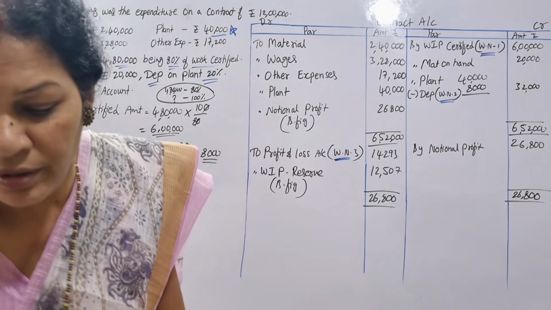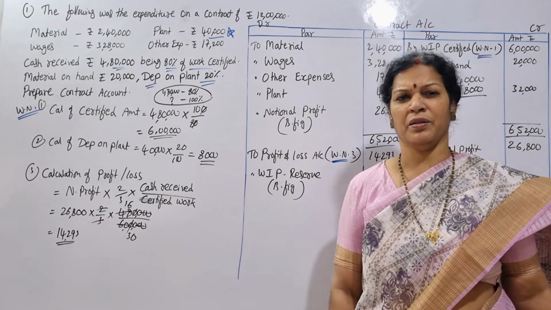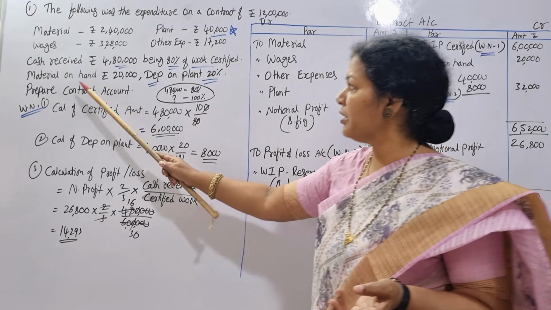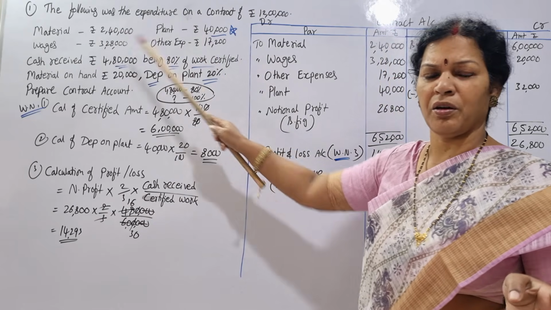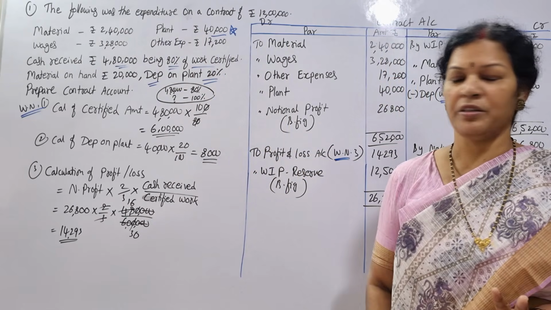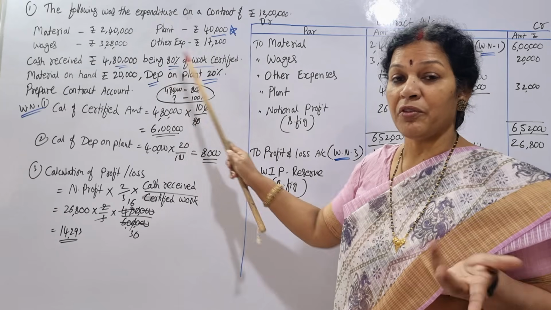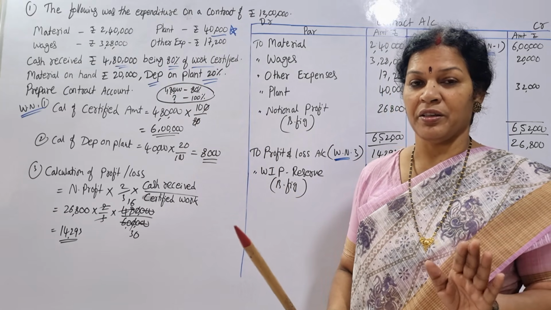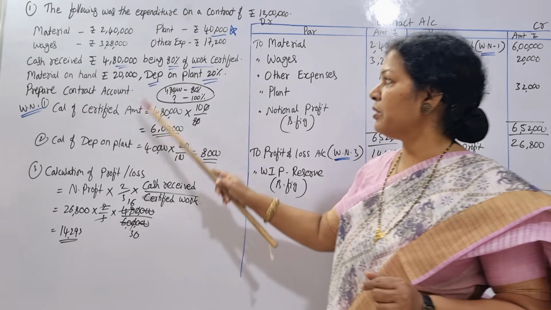Am I clear? First let me explain. The problem is very simple. Certified work we have to calculate. How do we get it? Here only. Everything in the problem is simple. Material, wages, plant, other expenses, all these 4 items we have written on the debit side, and cash received 4,80,000. Because 80% of the work is completed and certified, we have to calculate the certified work.